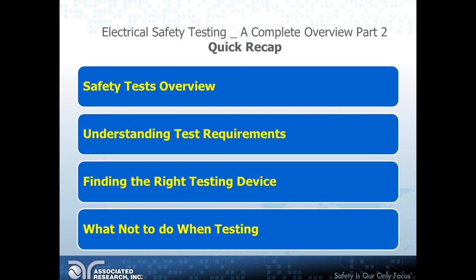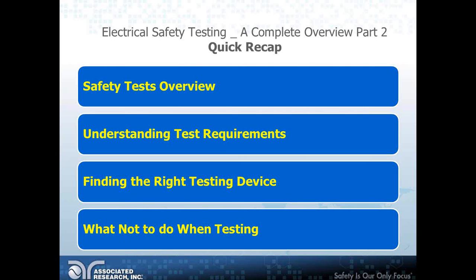Before going into the material for this webinar, I'd just like to do a quick recap of the previous webinar that we did this month on the 12th, which was on electrical safety testing, a complete overview part 2. For those of you who did attend, we went over some of the basic electrical safety tests, and then we tried to understand some testing requirements and gave some examples from the standards.